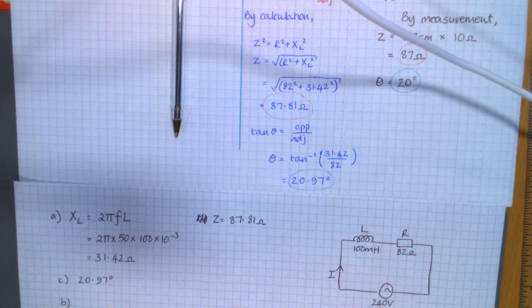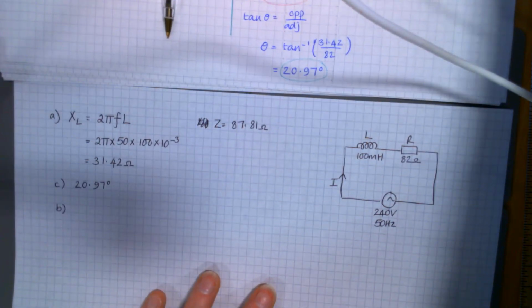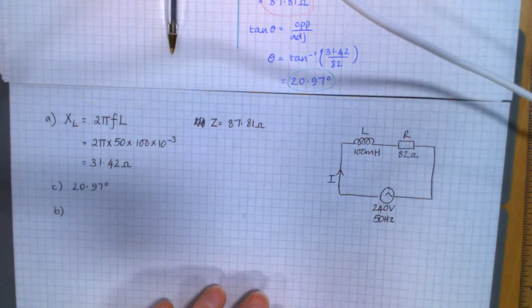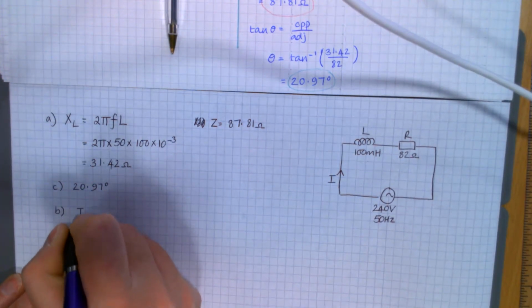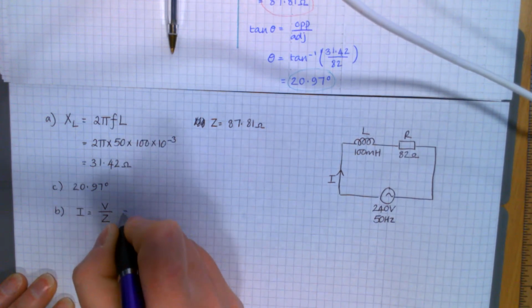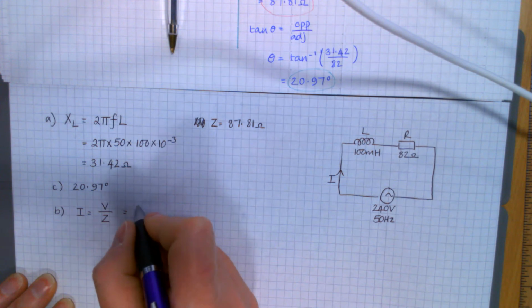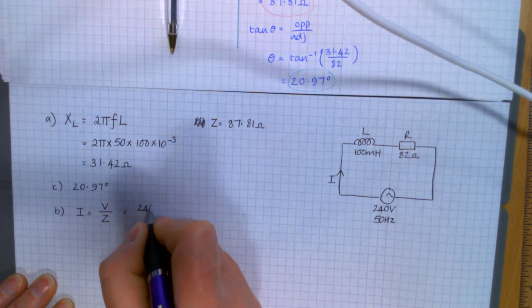For a DC circuit, you've got I equals V over R. For an AC circuit, I equals V over Z. So your V you take from there, that's the supply voltage, 240 volts.